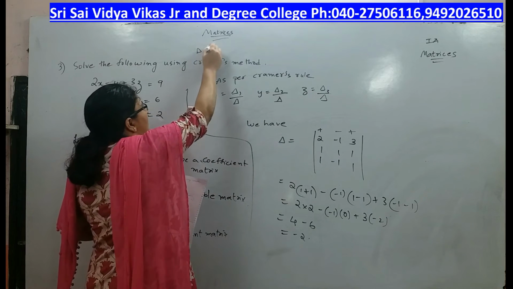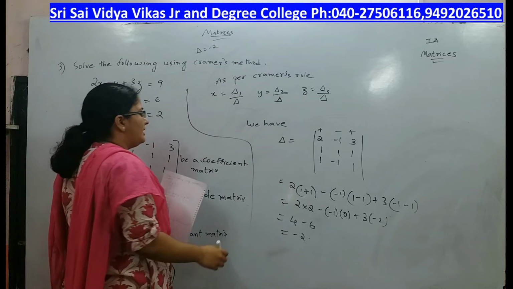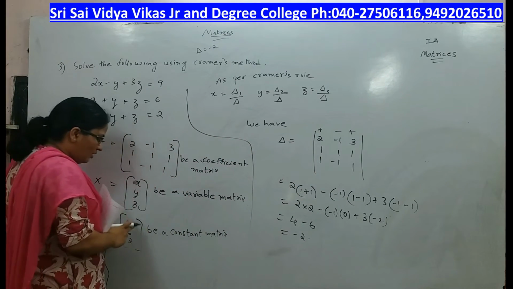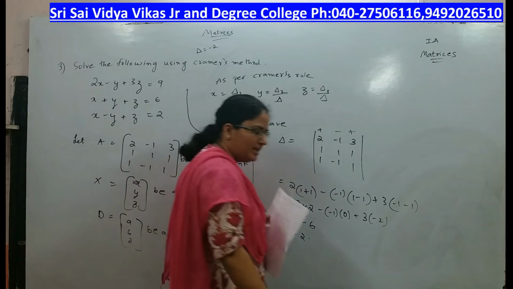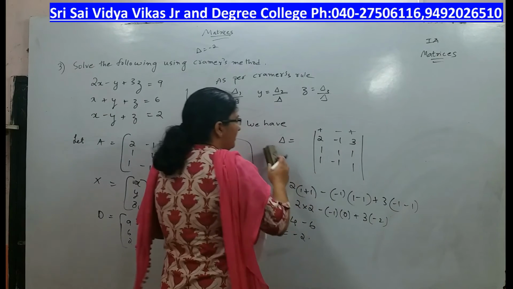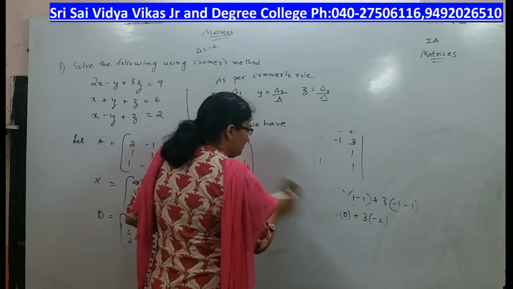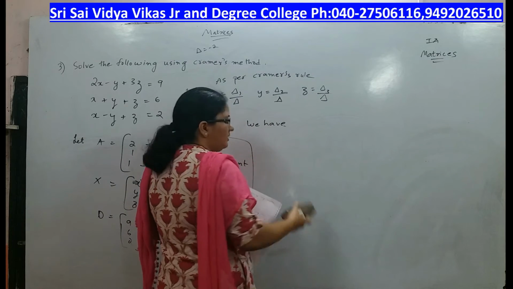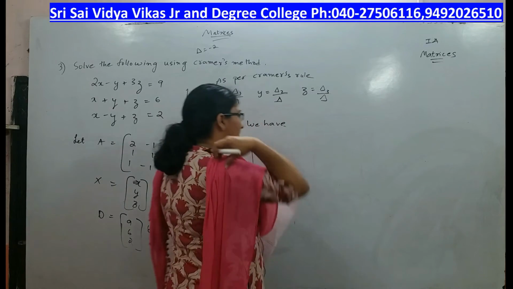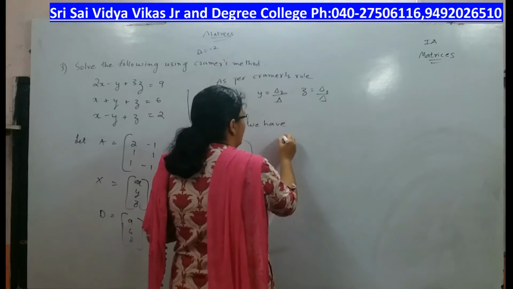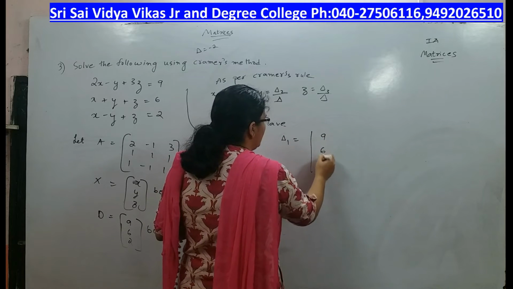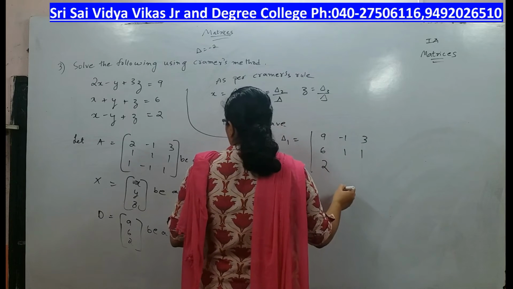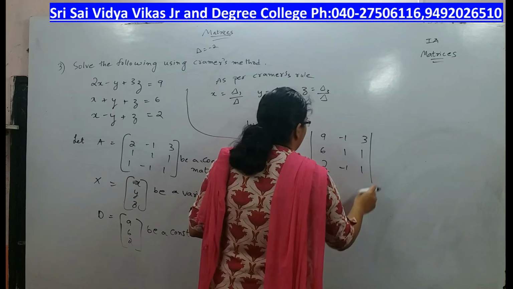Now we have to find delta 1 value, delta 2 value and delta 3 value. How to find delta 1 value is, replace the first column with the constant matrix. That is how we find the delta 1. We have delta 1 is equal to 9 6 2, minus 1 3 1 1 minus 1 1. This is delta 1.